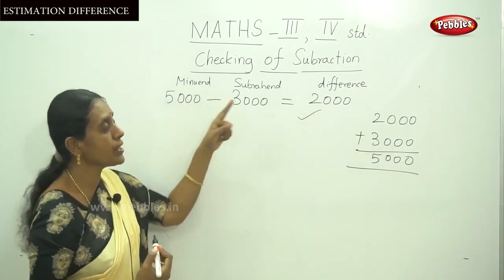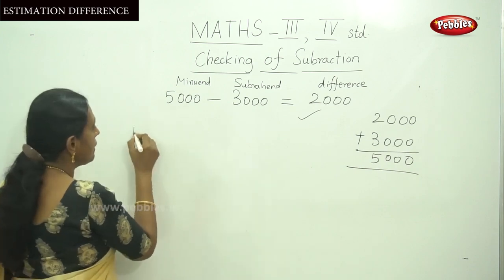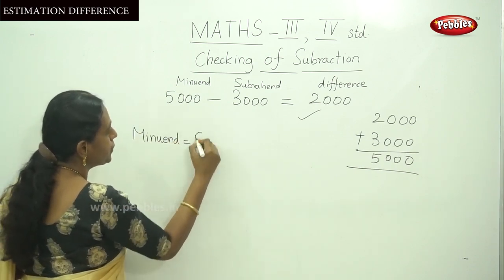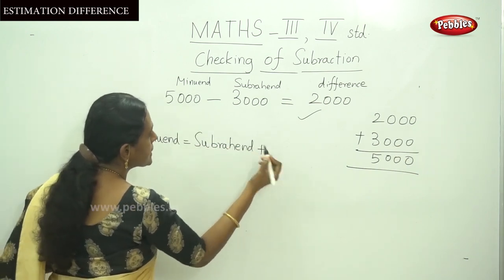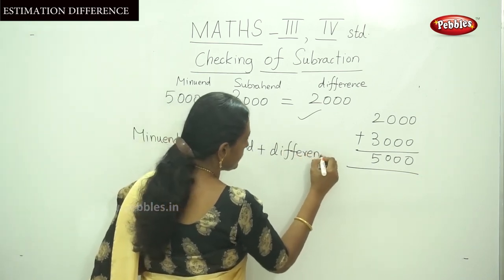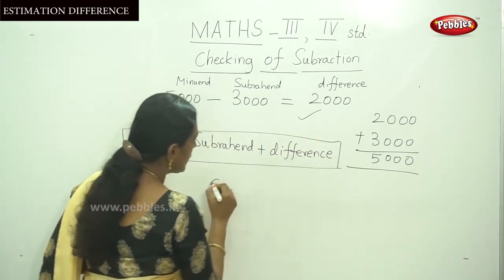That is our formula to prove: minuend is equal to subtrahend plus difference. This is the checking method.